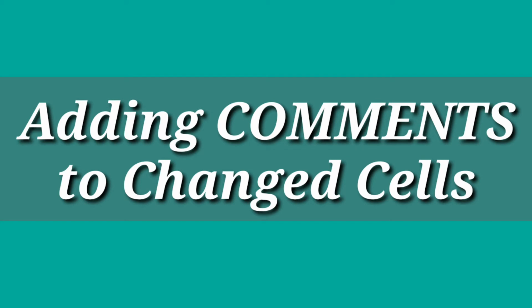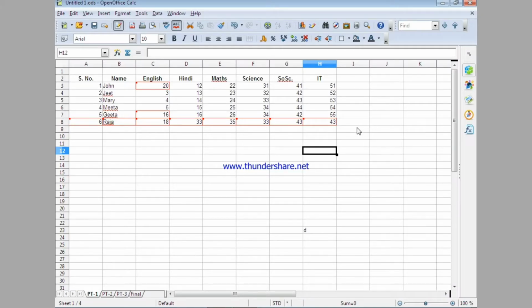With every change recorded in the spreadsheet, a default comment is also added. We can add our own comment also to these default comments. The process to add comment is like this. You can see when these changes are recorded, along with this red boundary, there is a small square at the left top corner.